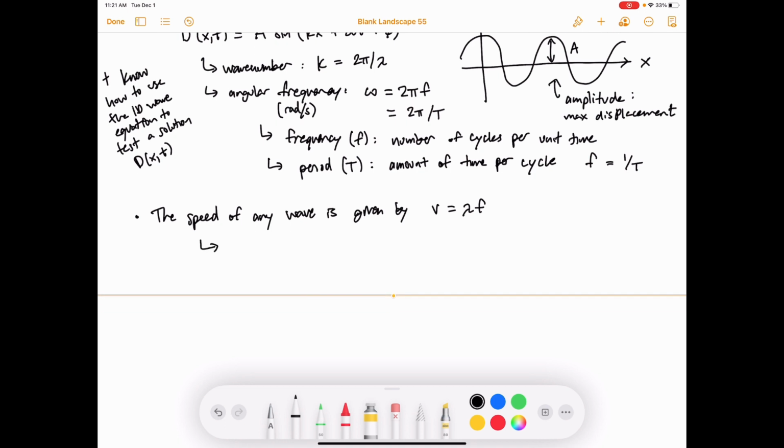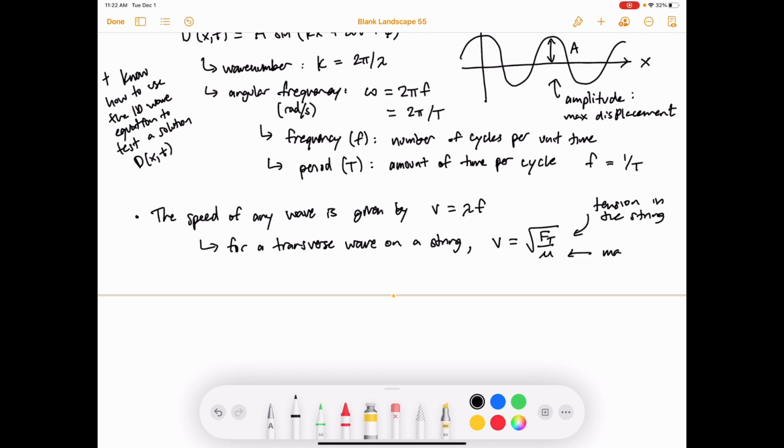But if we're specifically talking about a transverse wave on a string, then the speed is given by the square root of F_T divided by mu, where F_T is the tension in the string, and mu is the mass per unit length of the string. So that's what determines how fast waves will move down that string.